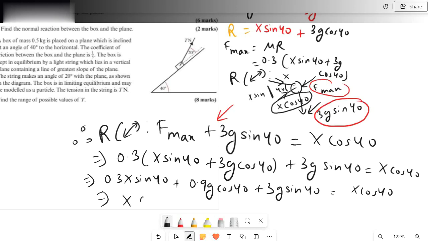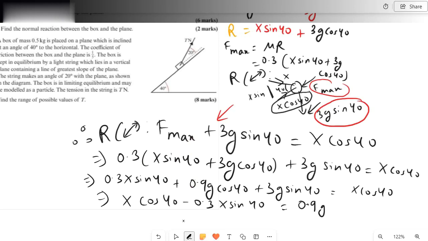So x cos 40 minus 0.3 x sine 40 is equal to 0.9g cos 40 plus 3g sine 40.